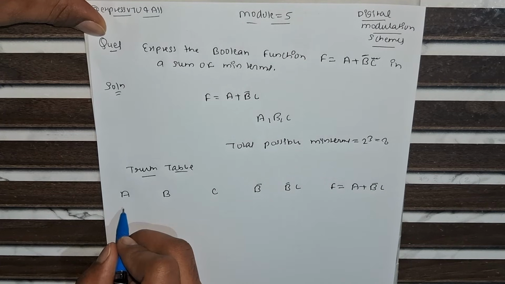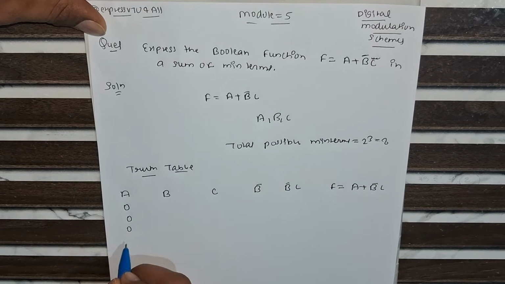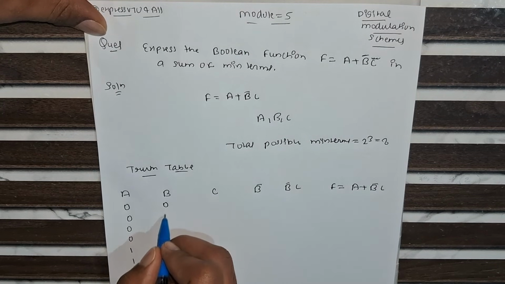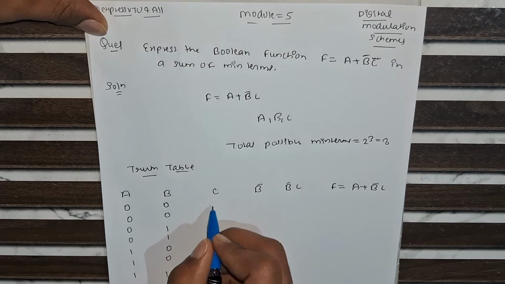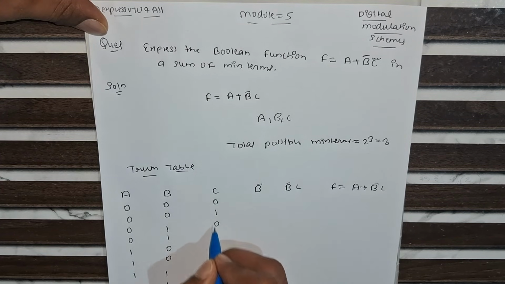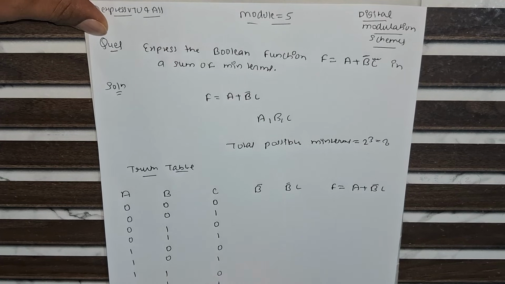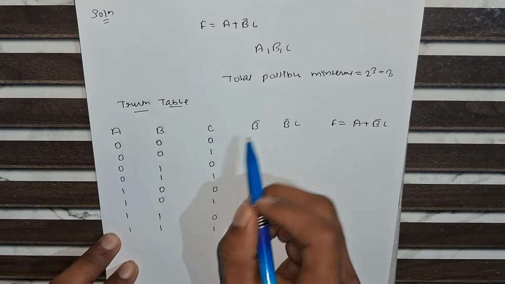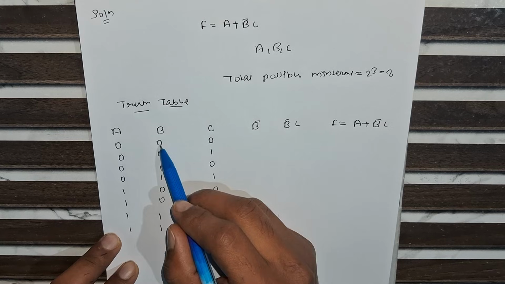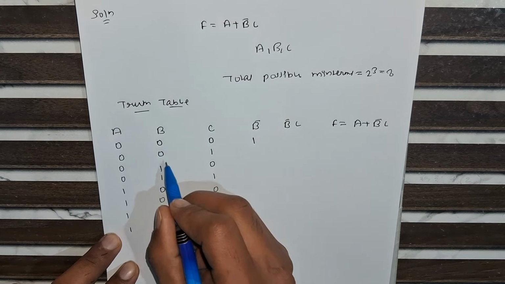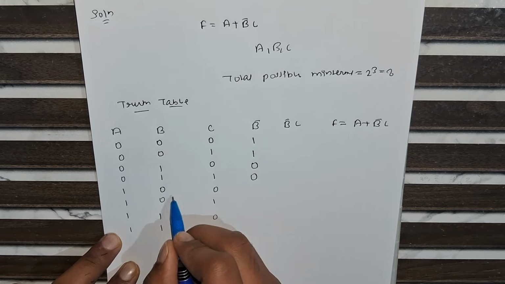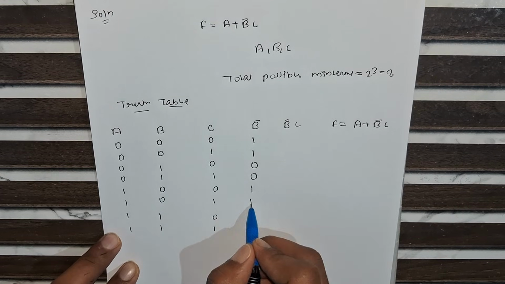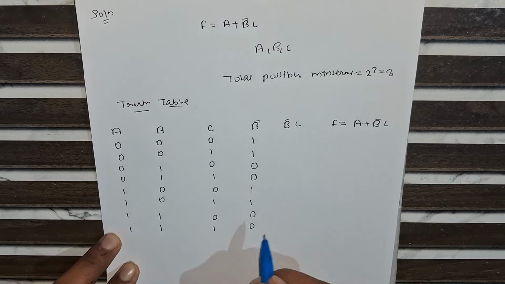So first we write the combinations for a, b, c: 0 0 0 0 1 1 1 1, 0 0 1 1 0 0 1 1, 0 1 0 1 0 1 0 1. B bar is nothing but if 0 is there, then in place of 0 it becomes 1, so 1 1 0 0 1 1 0 0.